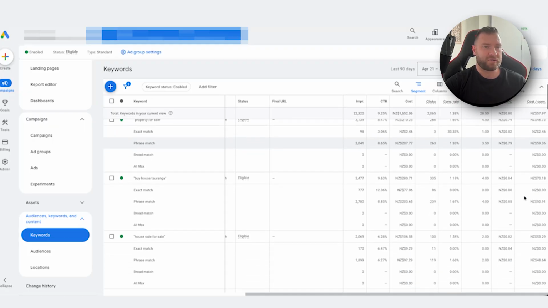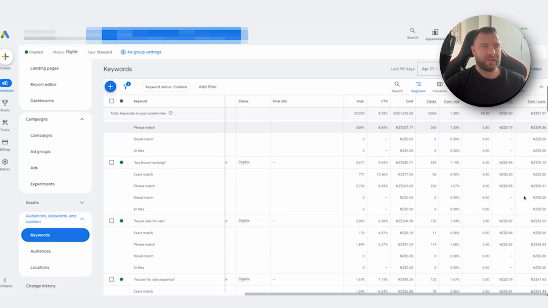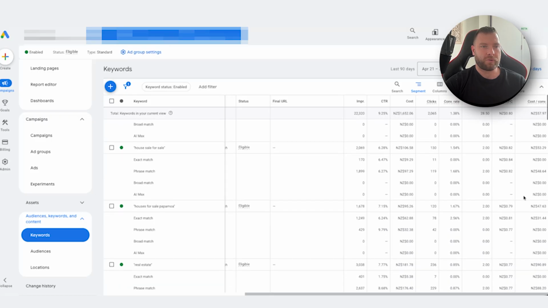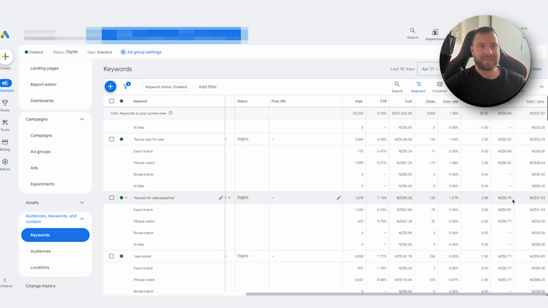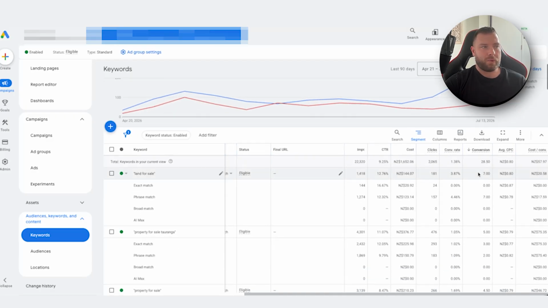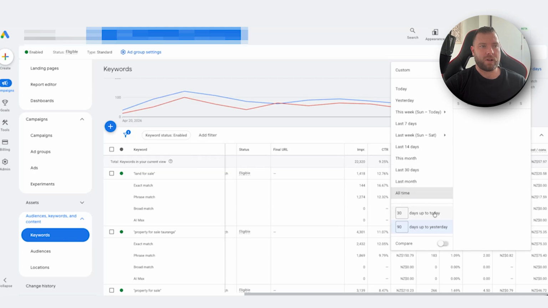Now, you want to make sure that you're doing these numbers off of volume, because when you're looking at 1 and 2, it's not a significant amount of data to make such a strong decision on. As always, we want to make sure that the breakdown of search term match types is always looked at at 30, 60, and 90 days as well.